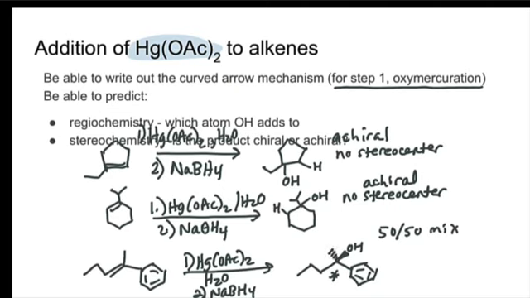And the alcohol likewise could be on a dash or a wedge. So I'm going to draw both possibilities. And since it's a 50-50 mix, the mixture is optically inactive, but it's because it's a racemate, not because it doesn't have a chirality center.